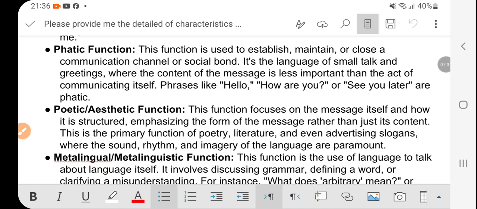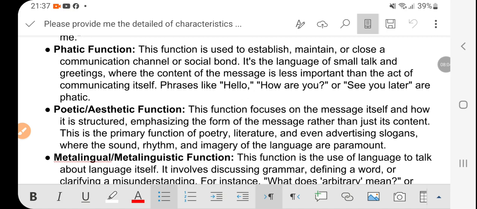When we try to establish, "hello, how are you?" means that's a beginning of the discussion. To maintain our good relation, we can say "hey, how are you?" And then if we want to close that discussion, "okay, see you later."